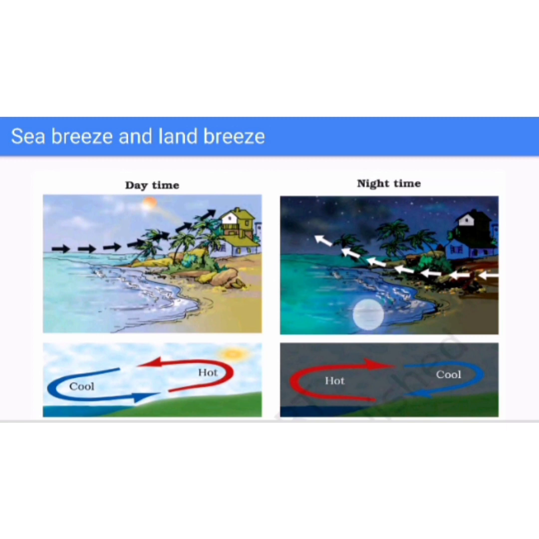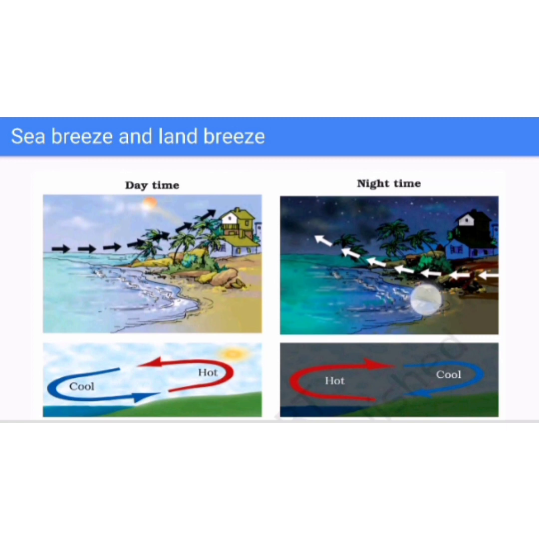In daytime, the land gets heated fast and the air over the land becomes hotter. The cool air from the sea rushes towards the land to take its place. The warm air from the land moves towards the sea. And at night, the water cools down more slowly than the land.